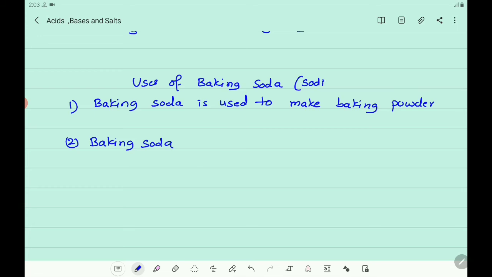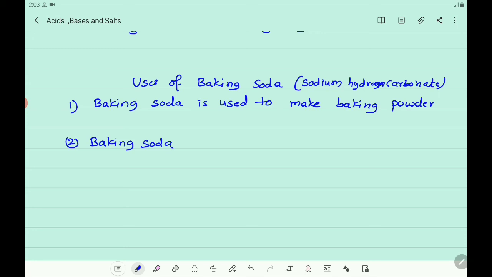So you must know that both are the same. Sodium hydrogen carbonate is nothing but baking soda. So the answer is the same for both questions.